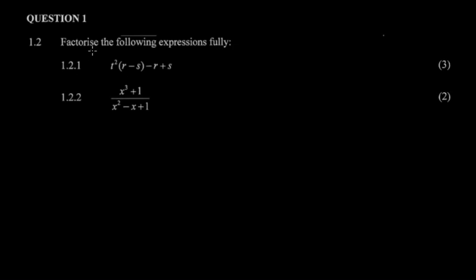So the next question says, factorize the following expressions fully. So you have this, let me copy it. It's t squared (r minus s) minus r plus s. By inspection you can see that r minus s and negative r plus s are kind of familiar.